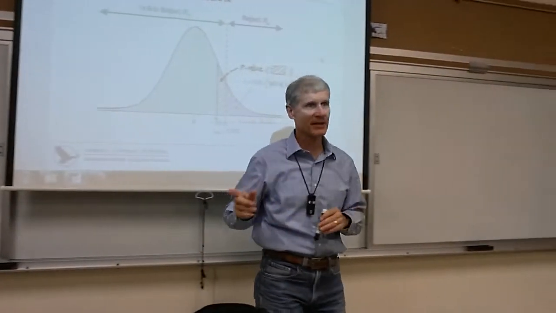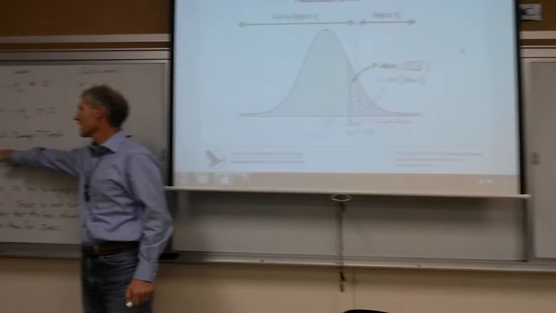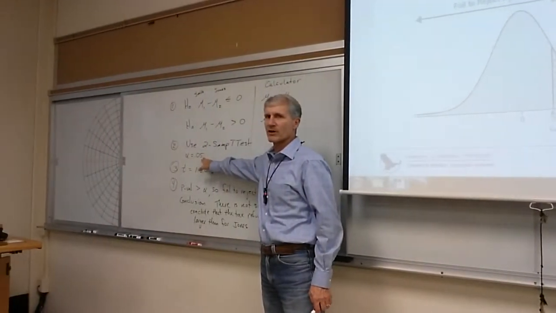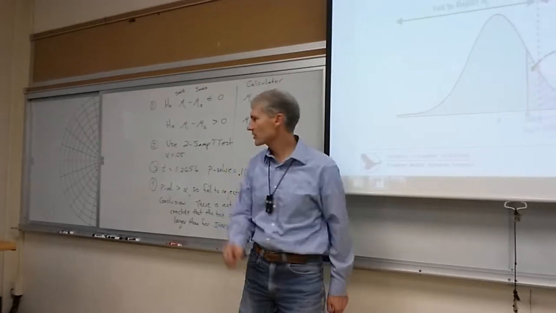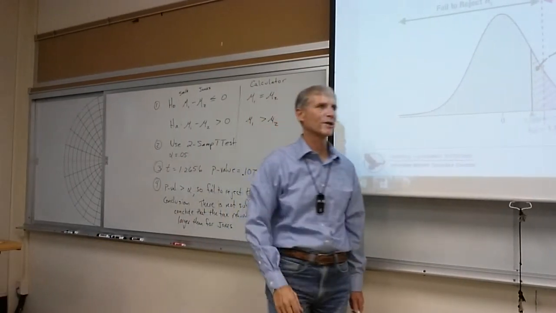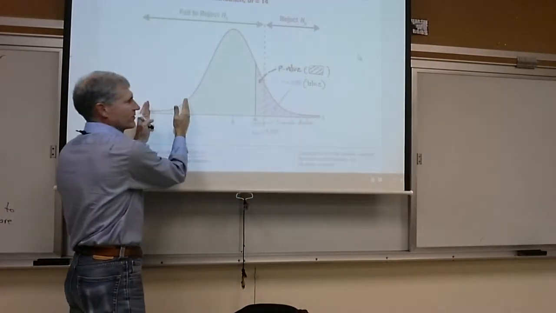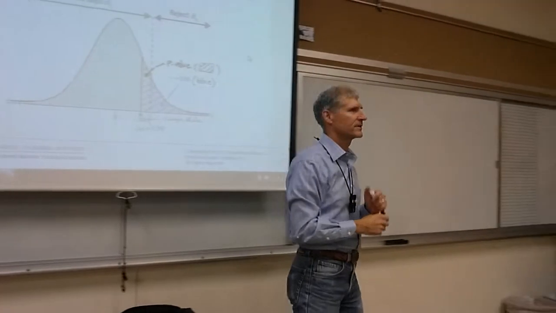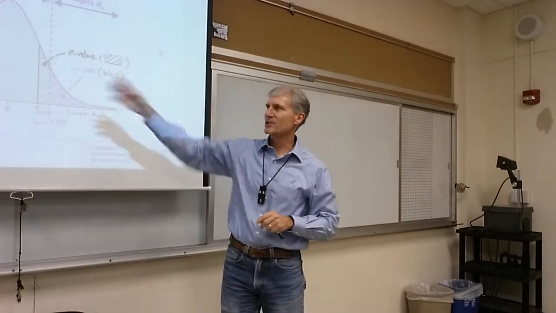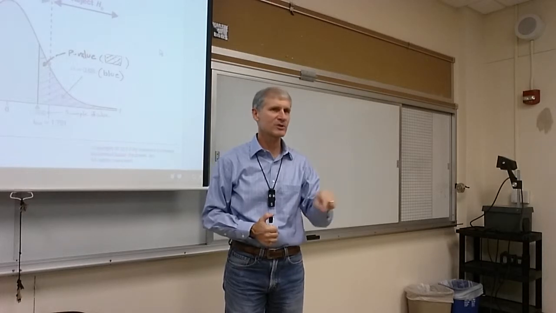But to make them match, you double the alpha. I'd be doing a 0.10, so I'd have alpha 0.05 here and another alpha 0.05 here. So if you do a 90% interval, then you'll make the same conclusion that you'll make for a one-tailed 0.05. Right? So do a 90% confidence interval.